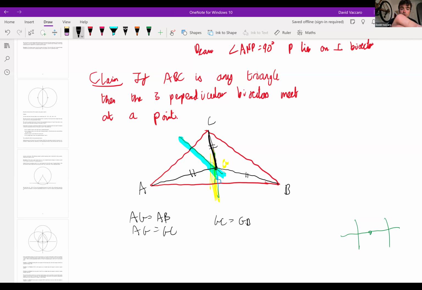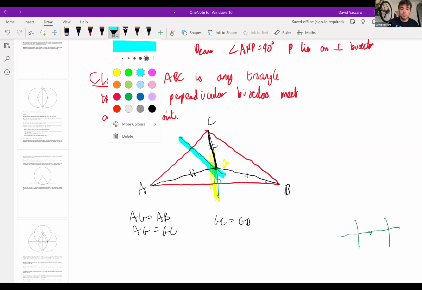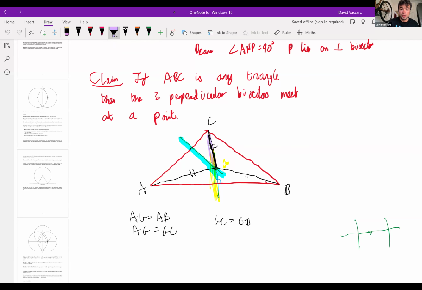In other words, these two lengths, this one and this one, are the same. So what does that tell me about G? Well, that tells me that it's equidistant from B and C. And if it's equidistant from B and C, it must lie on the third perpendicular bisector.